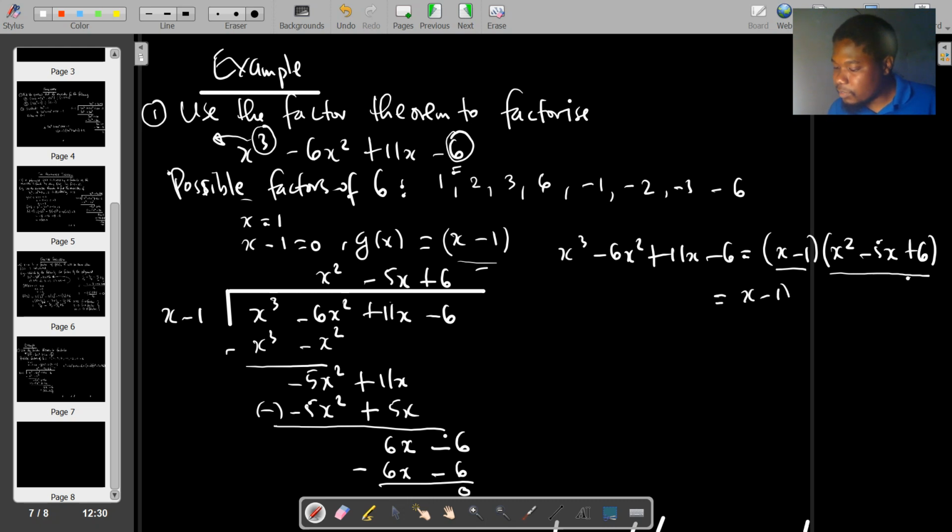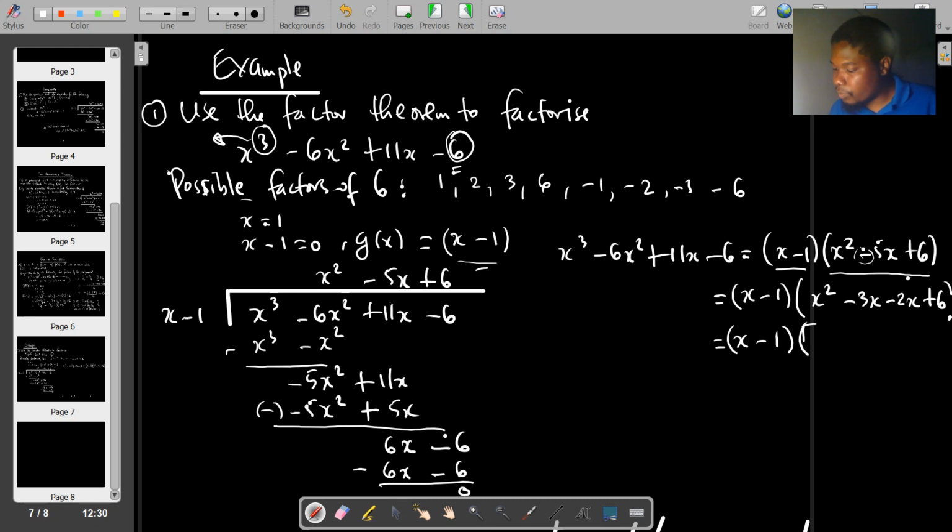So it's x minus 1, and then this one will be x squared, and since the middle term is negative, it means the bigger number is negative: minus 2x minus 3x plus 6. Those are the factors. And then there is x minus 1.